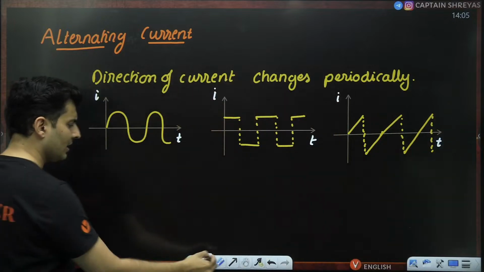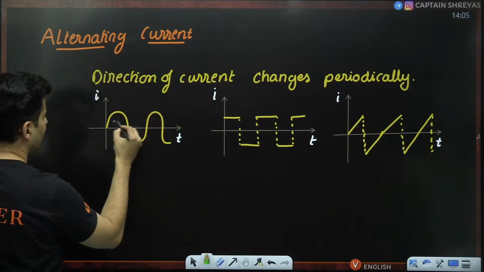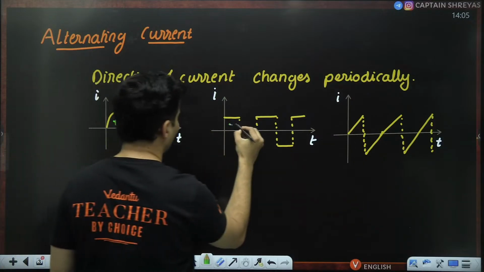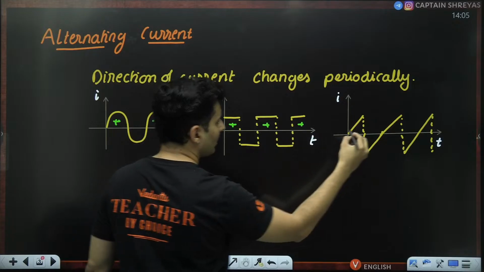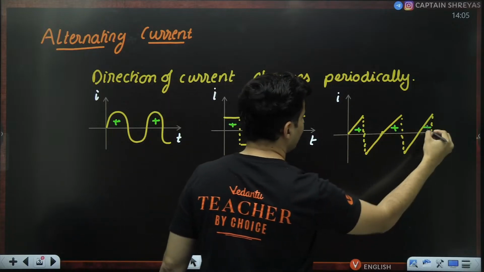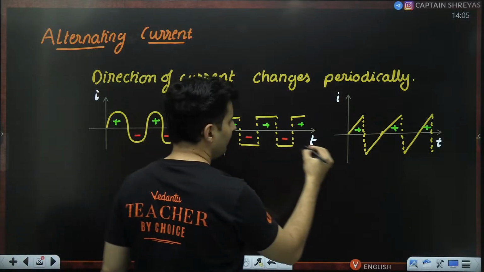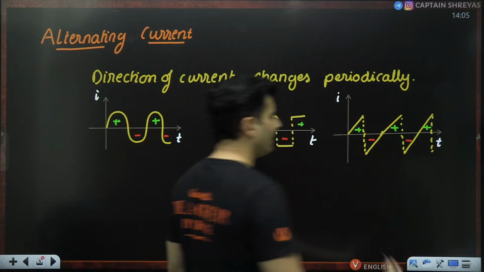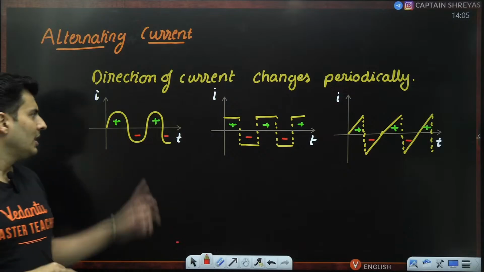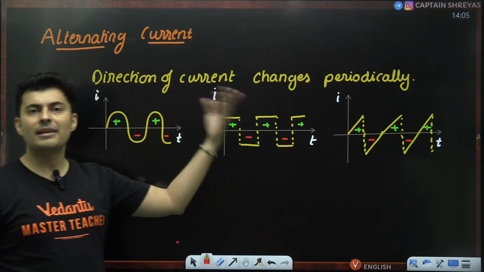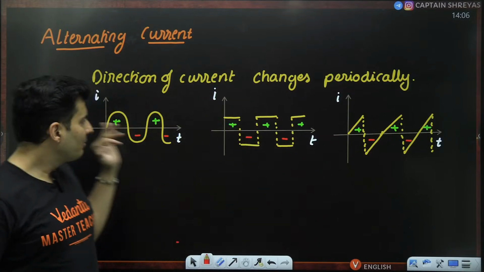If you notice, sometimes the current is positive, on the upper side, and sometimes the current is negative. When I say the current is negative, it means the direction is reversed. So all these are examples of alternating current.